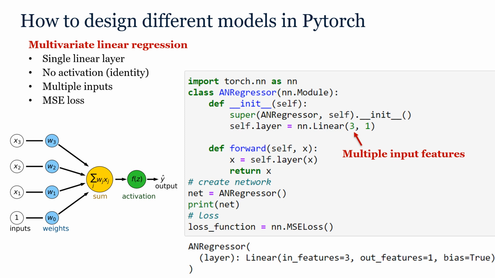Let's now have a look how we can create more advanced network architectures. To create multivariate linear regression, we simply increase the number of inputs of our single linear layer to be equal to the number of input features. Because it is still a linear regression, we don't need any activation function and we will optimize the network using mean square error loss.